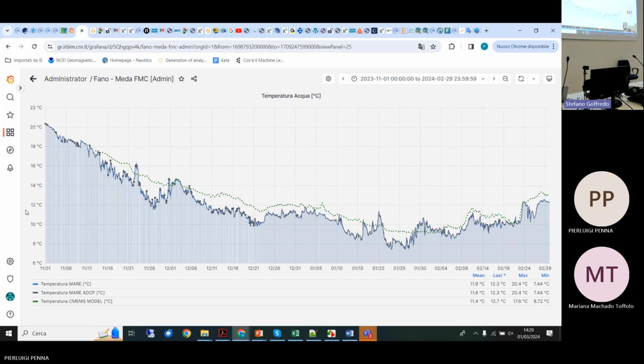What is the green dot trend? It's from the model generated by the Copernicus model. Okay, so this shows the difference between real data, in situ data, and what is the output of the model, what you are seeing.